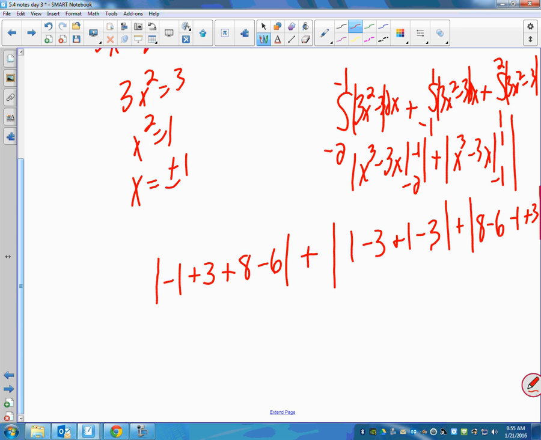So, negative 7 and 11 and 4. And this one, 4, right? It's absolute value.